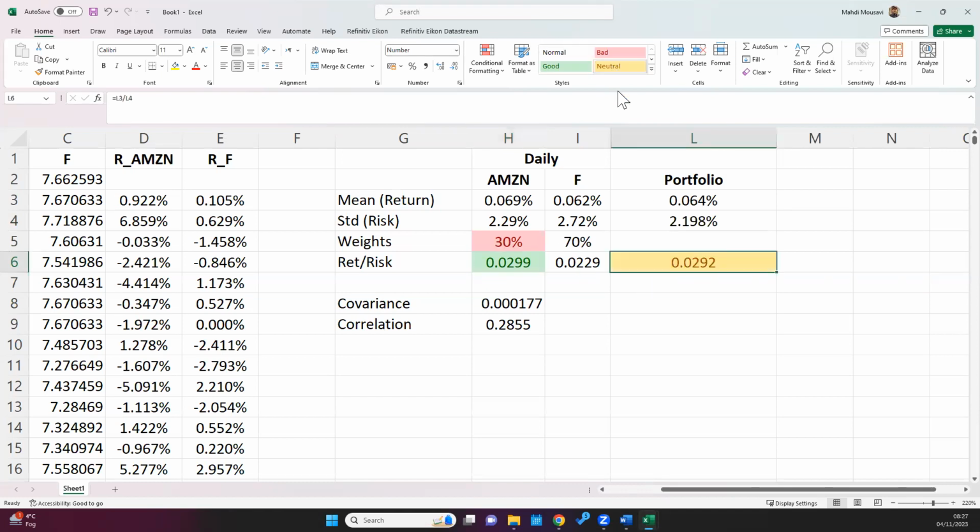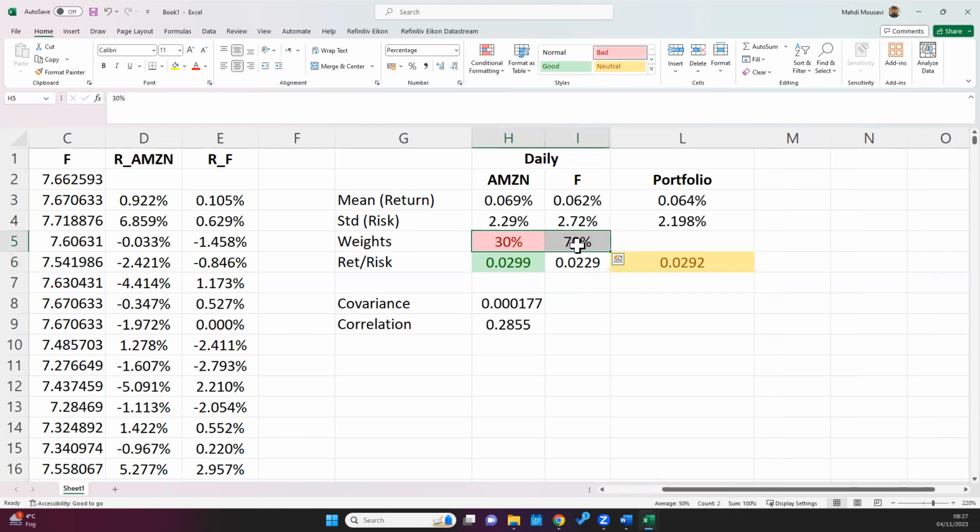All right. So it's very important for us not only to select the best weight of allocating our assets to different stocks. I mean, finding the optimal weight is important, but also finding the best correlation matters. If I change the correlation, assuming that the correlation of these two was, for example, 0, it would change.